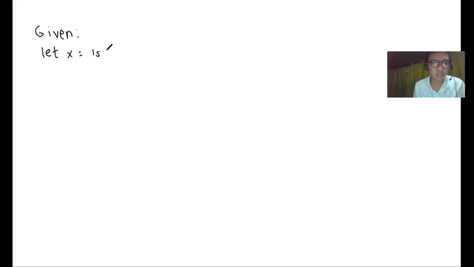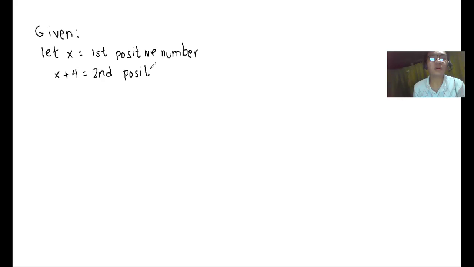There is a given condition in this problem: one number is 4 more than the other. So if the first number is x, we let the second number be x plus 4. So x plus 4 is our second positive number.